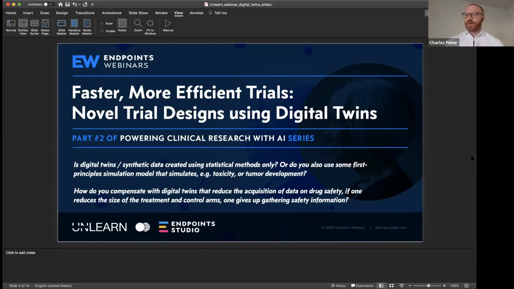So you have comparator information for things related to safety. You're looking at things like liver or kidney function over time, which we are actually simulating with the digital twins. We also have some information in these digital twins for Alzheimer's on adverse events, again for the placebo arm population.